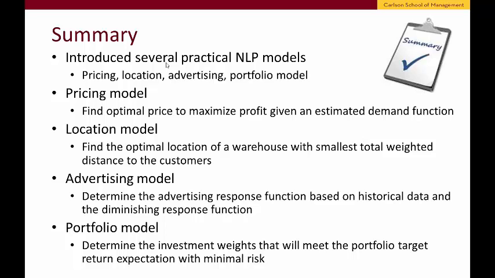The location model is aimed to find the optimal location for a warehouse or a service center with the smallest total weighted distance to its customers. With the advertising model, determining the optimal use of the advertising budget to maximize the estimated sales was the main objective. For the portfolio model, this one was concerned with determining the optimal set of investment weights that met the expected return at the smallest possible risk.